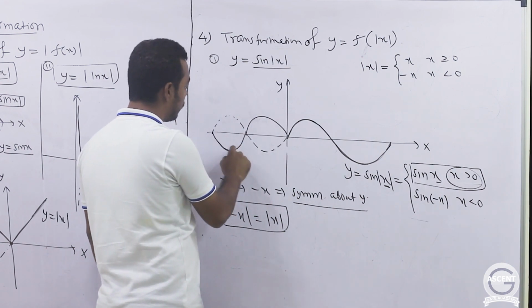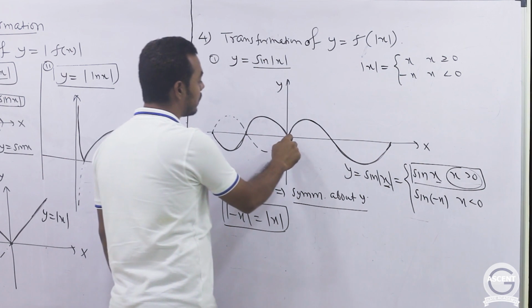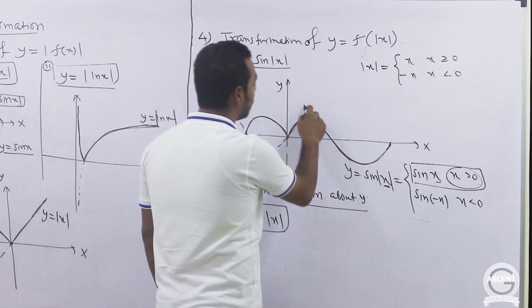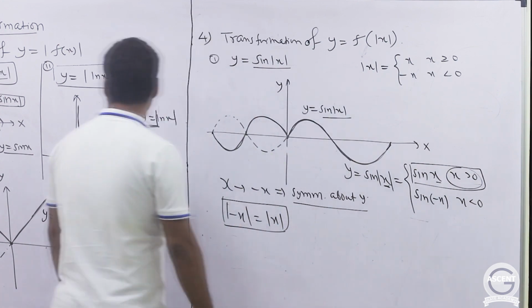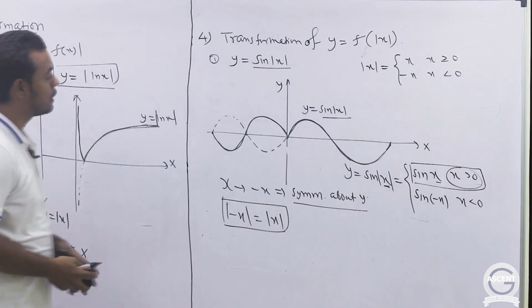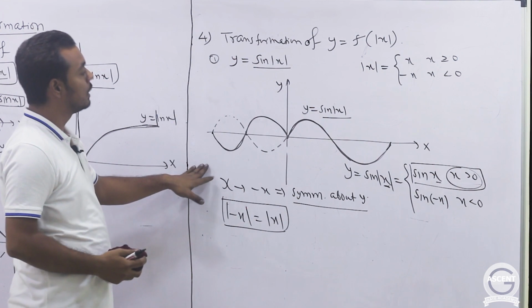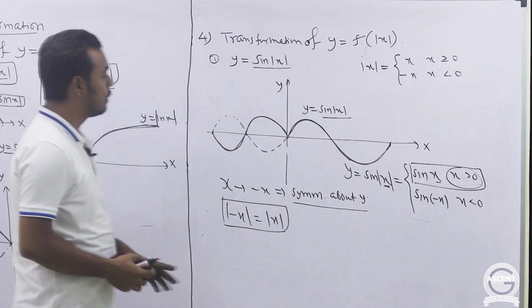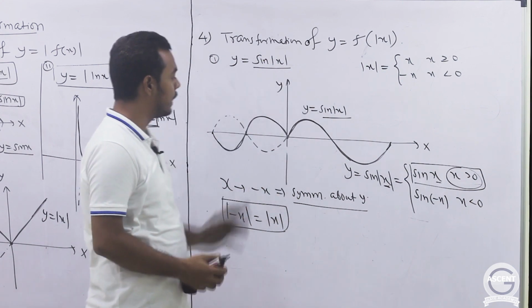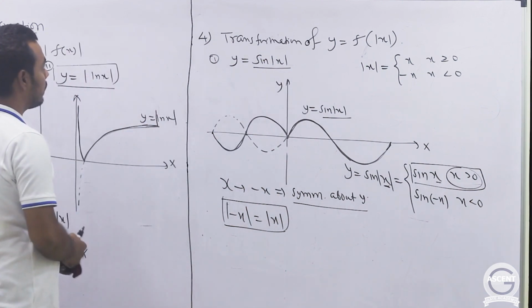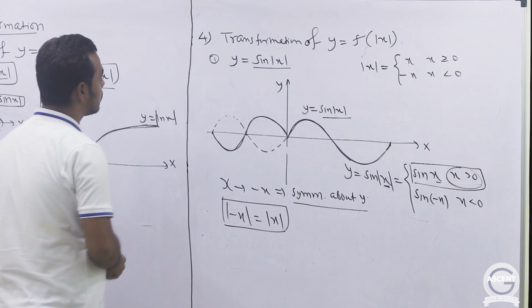Now this is your new graph, the graph of the function y equals sine of mod x. So first step, erase the portion of the graph on the negative side of the x-axis, and then take the image of the portion on the positive side in the y-axis. So this was our transformation y equals sine mod x.